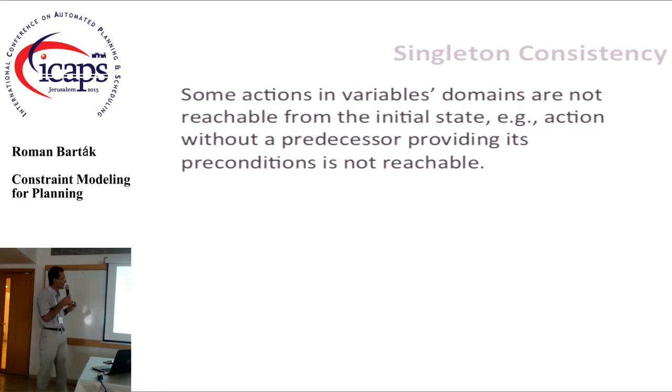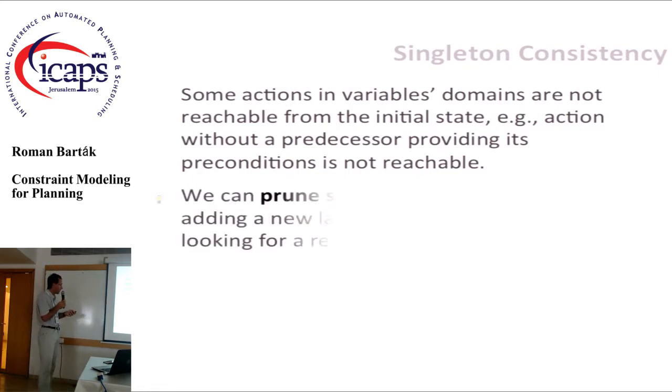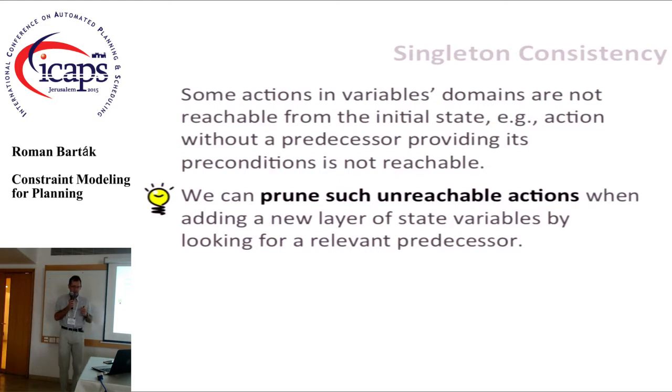So we use a very simple idea of assigning a value to the action variable in the last layer and trying to find an action supporting this action in the previous layer. Not a complete plan for it, just one step back, okay?